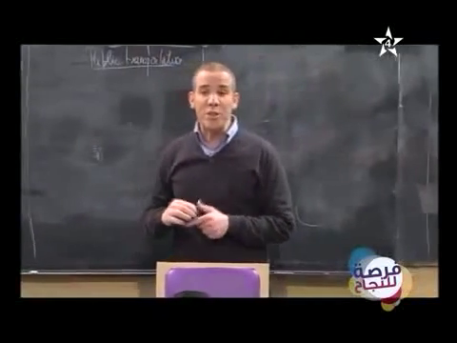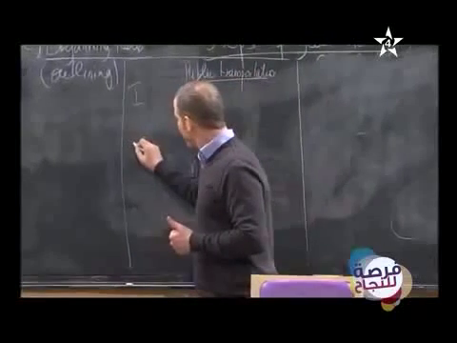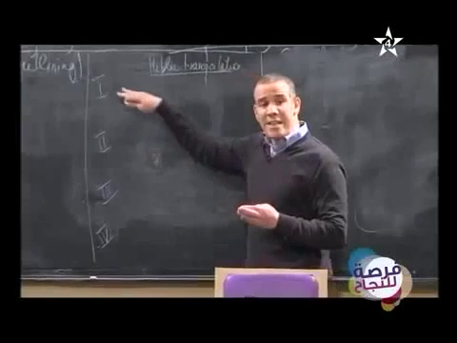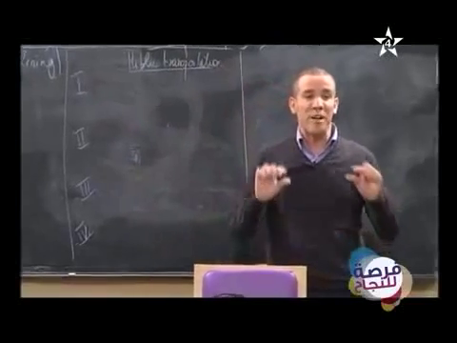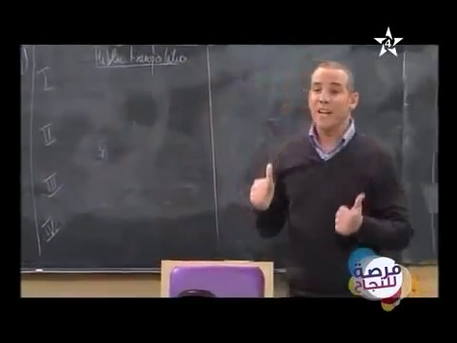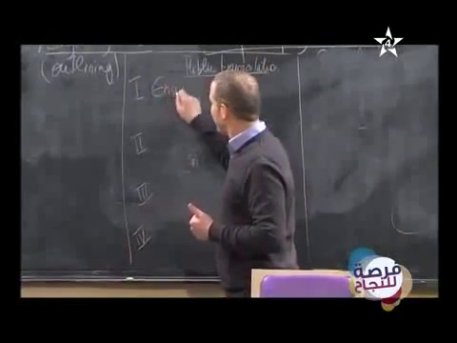You are going to use Roman numerals: 1, 2, 3, and 4. And next to each Roman numeral, what do you write? You are going to write your general ideas. That's good. So what is the first general idea that we found?